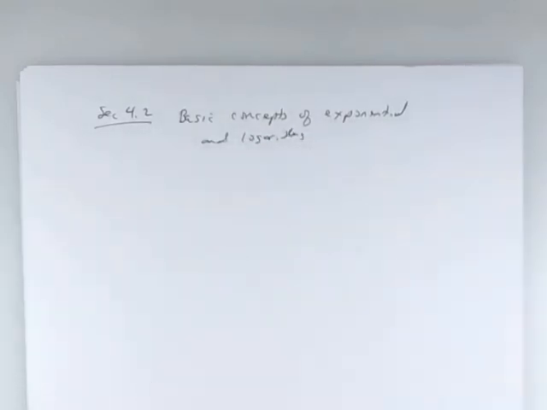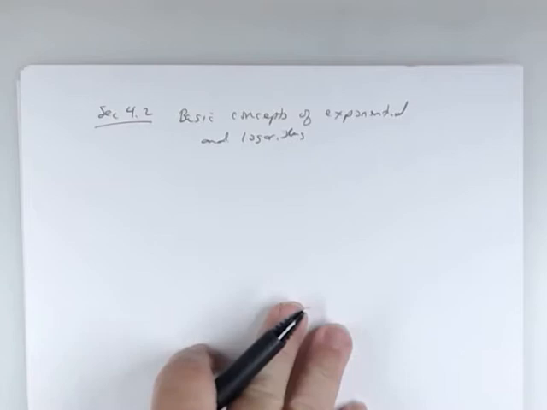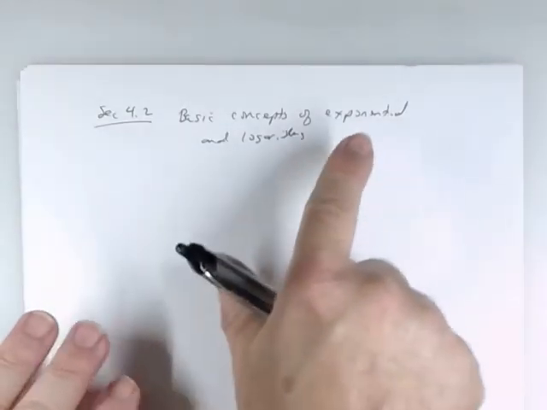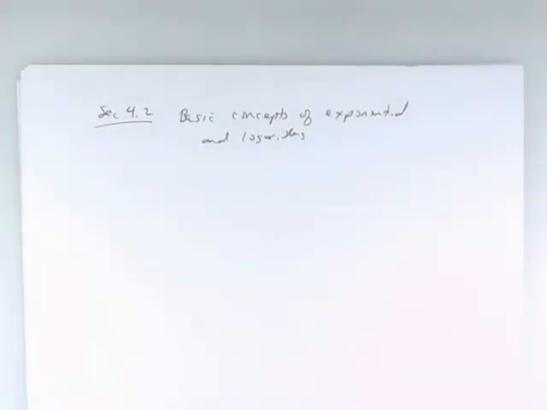All right, so make sure you look at the video on this because we're not going to talk a lot about what was on the video here in terms of the basic concepts, but there is a relationship between the exponential and logarithm.